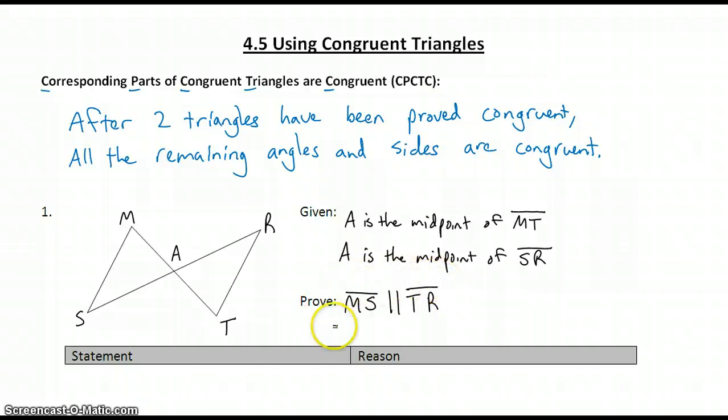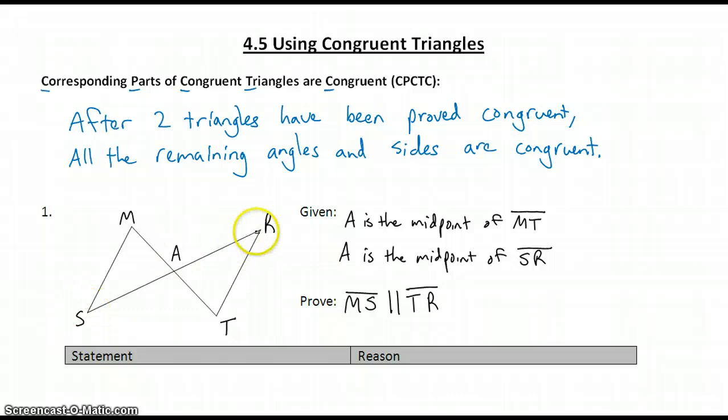In this proof, we need to prove that MS is parallel to TR. To prove that lines are parallel, we need to use angles, and when we have congruent angles, we can say that the lines are parallel.